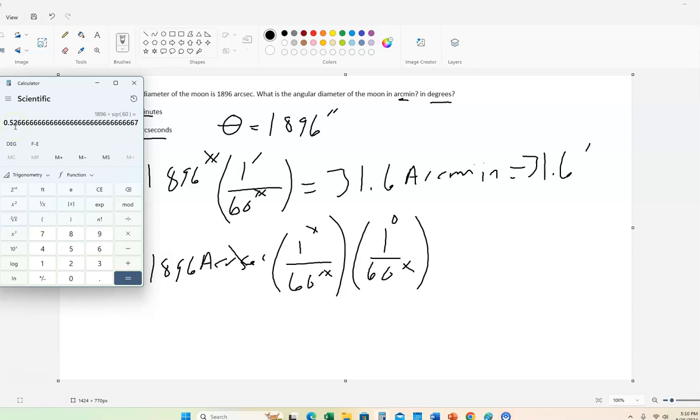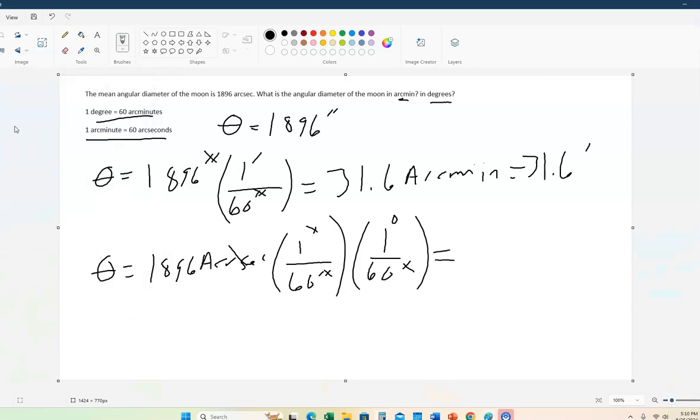So this angle of 1,896 arc seconds turns out to be 0.53 degrees. You can use that little symbol, or you can say 0.53 degrees. That's fine.